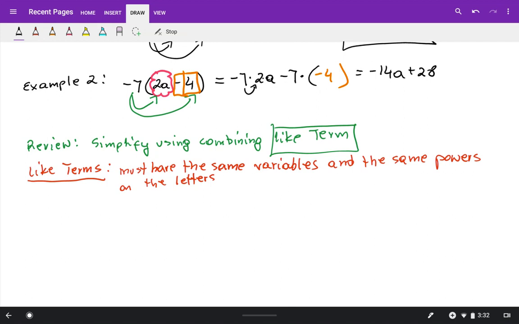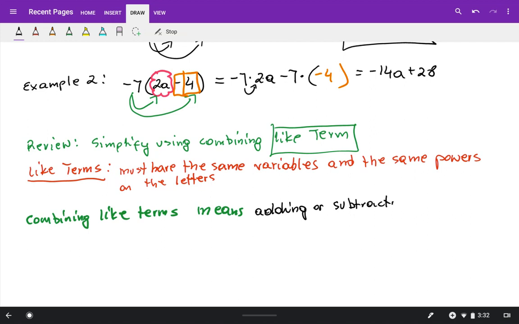Combining like terms means adding or subtracting the coefficients. The coefficients are the numbers, of course, in front of the variables.